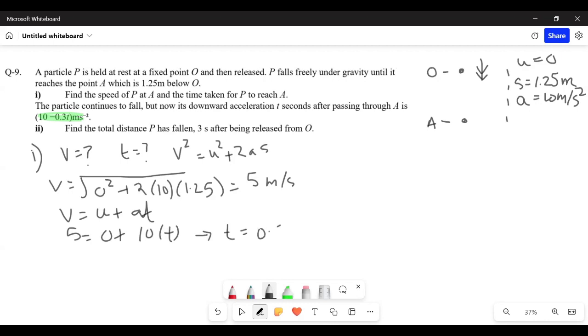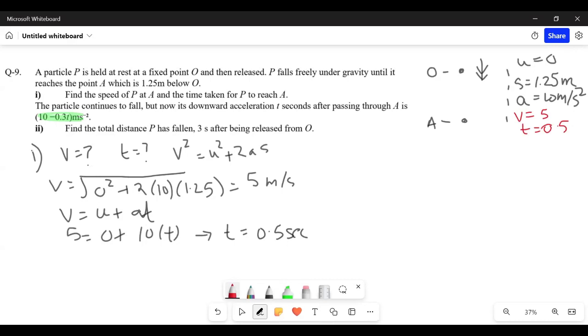Sorry, 0.5 seconds. Okay. So we found v at A, which is 5, and we found t at A, which is 0.5, by using equations of motion simply, because this is a straight line motion with constant acceleration.